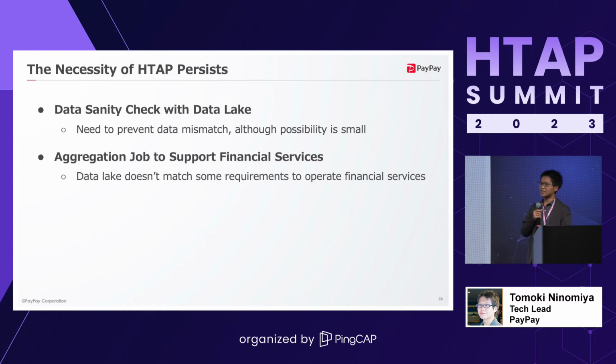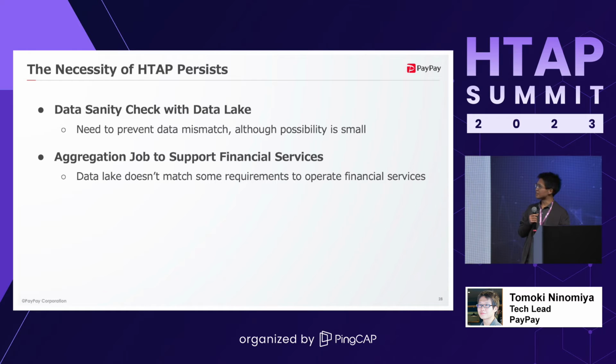However, we still need an HTAP database for some reasons. This is why we want to replace Aurora. The first one is a data sanity check with the data lake. Actually, we are trying to make sure of data consistency between the data lake and its TiDB upstream cluster. The possibility of a mismatch is quite small, but we need to prevent a data mismatch because this is a financial service. We can't be more critical about it.